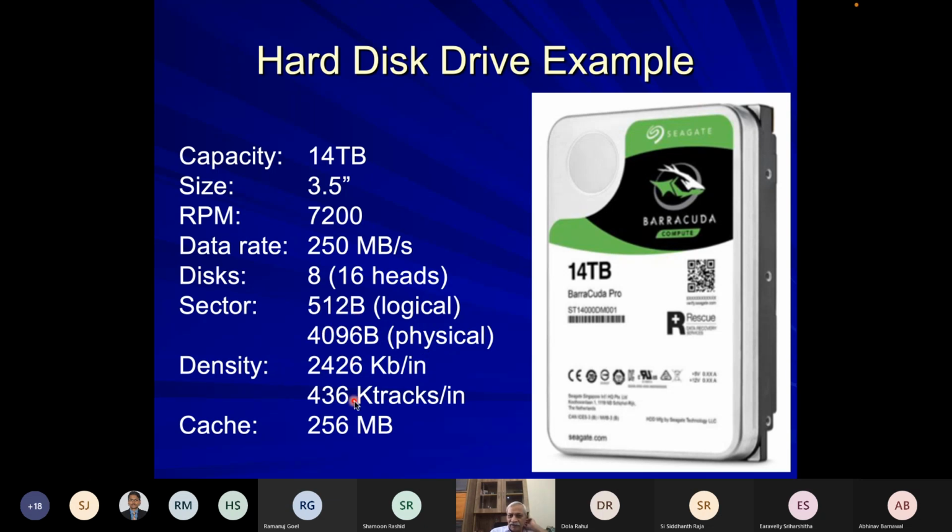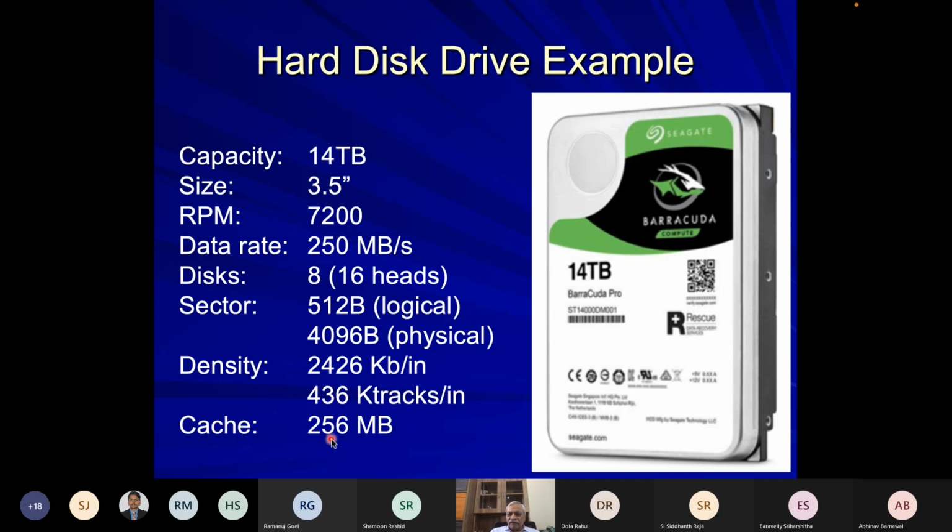Okay, the size of a sector is indicated here, and there is a density of information. How many bits are there within 1 inch? So it is kilobits per inch. And the second figure is kilo tracks per inch: how closely spaced the tracks are.